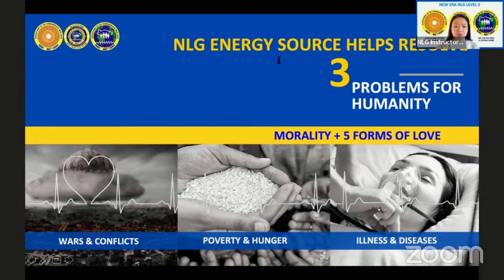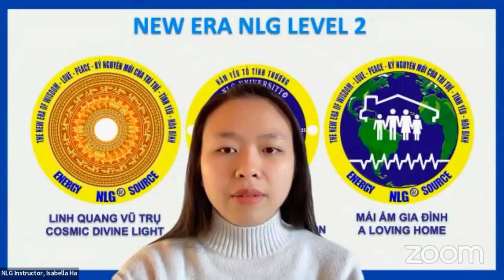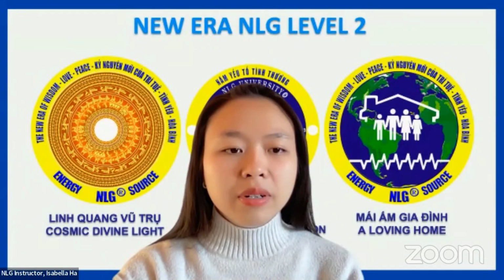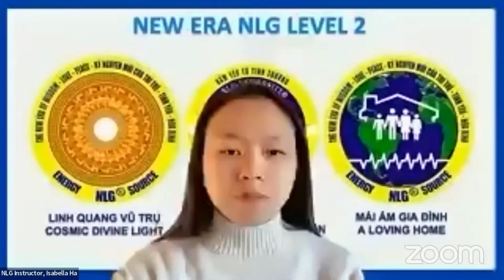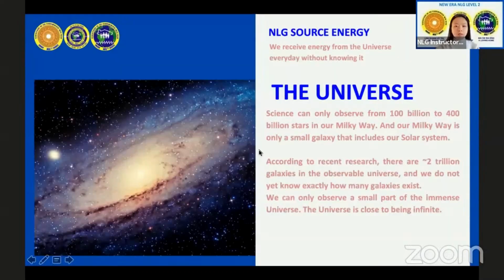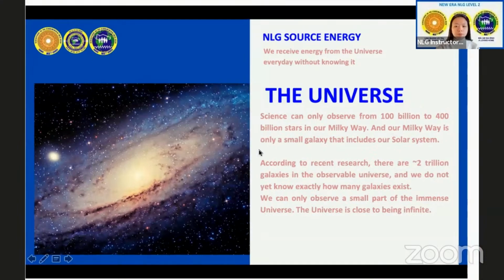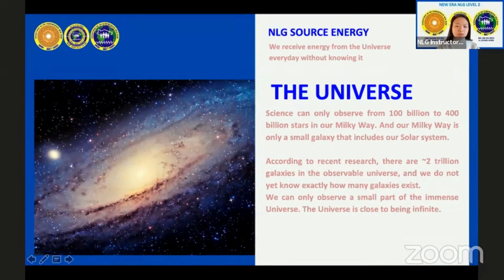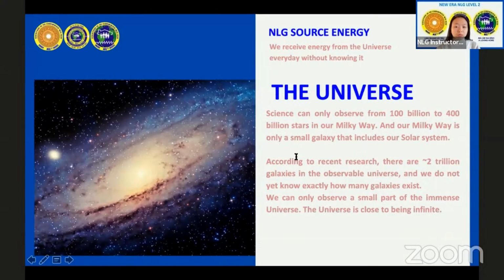Okay, so talking very briefly about the brain, I actually showed you these slices in level 1 already, but we're just going to go through it a little bit more. And so talking about the brain and the universe, the most that a lot of us know about the brain is probably 10%.